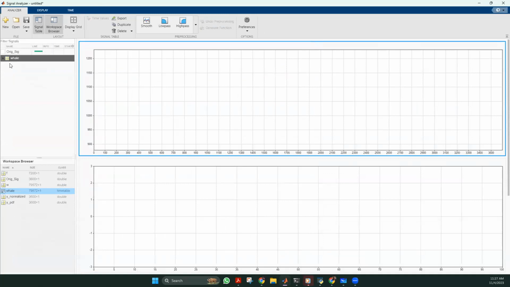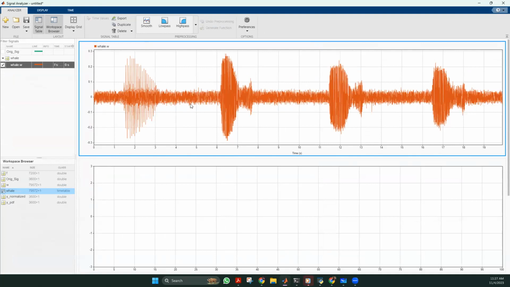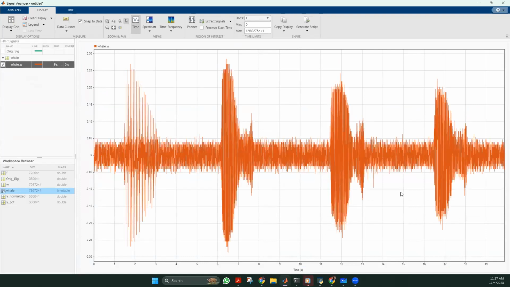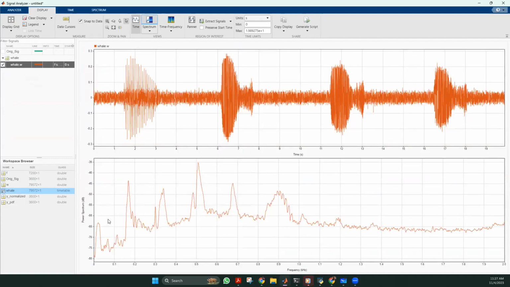And I can plot this signal in the time domain. I can reduce the display, so I can put it like this. If I want to find the frequency domain spectrum, I can select the frequency spectrum, and I can see the frequency of the wave.